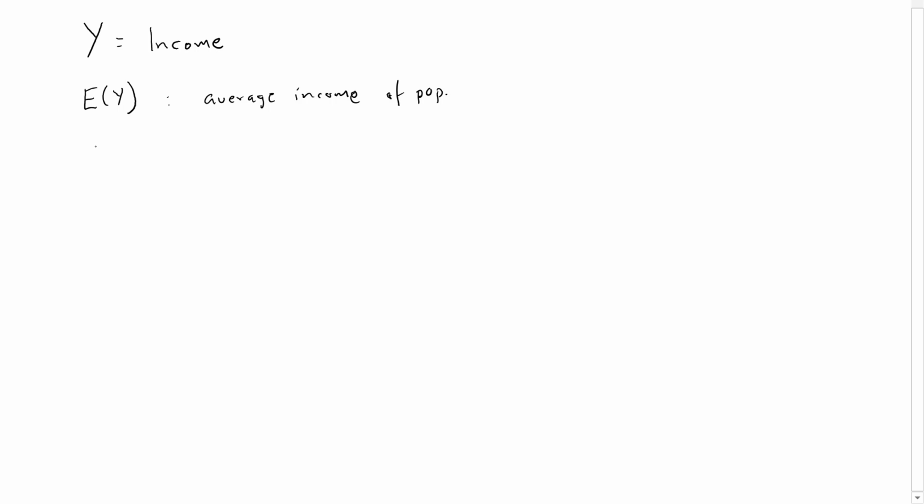Let's introduce one more random variable. X is number of years in school. So let's say if X is 12, that individual has finished high school. 5 years at the university, then X would be 17, and so on.